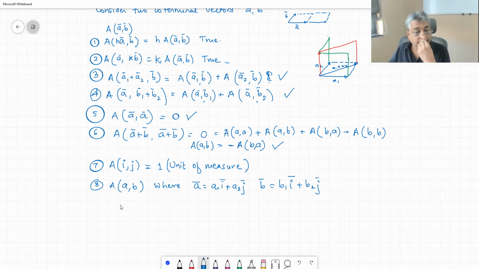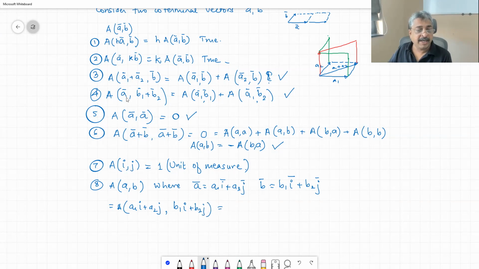Is it okay? So let us perform this and see what we get. This is equal to area of A1 i plus A2 j, comma B1 i plus B2 j.